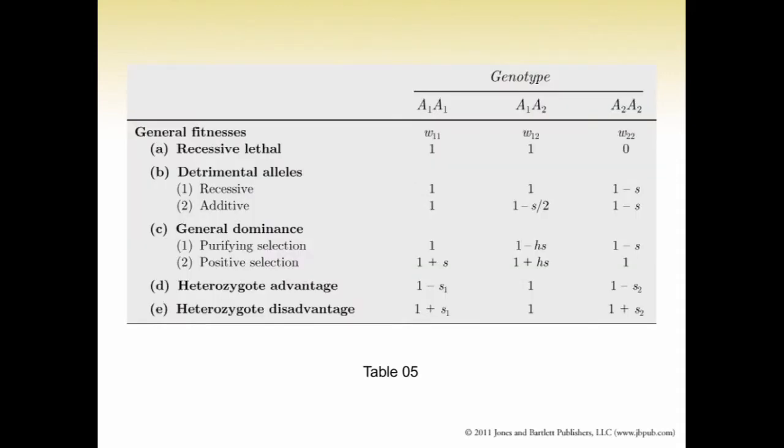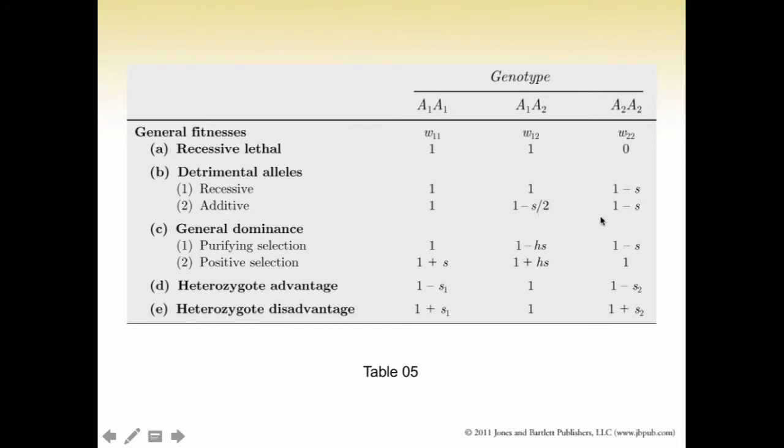We can look at general fitnesses in a couple of ways. There's a recessive lethal, which means that one homozygous genotype has a relative fitness of 0. It simply dies. There can be detrimental alleles that have a fitness lower than the other one, and this can be recessive or additive. When it's recessive, that lower fitness only occurs in the homozygotes.